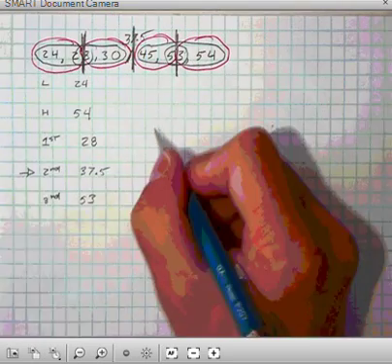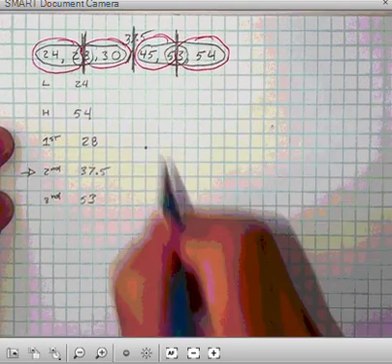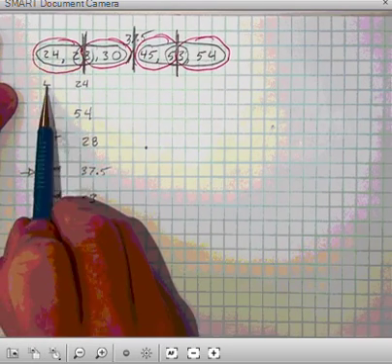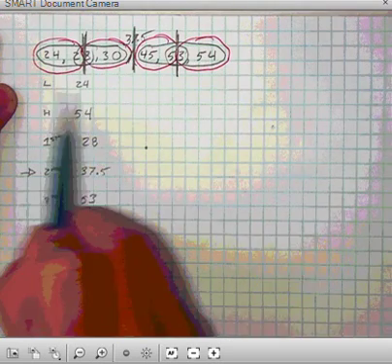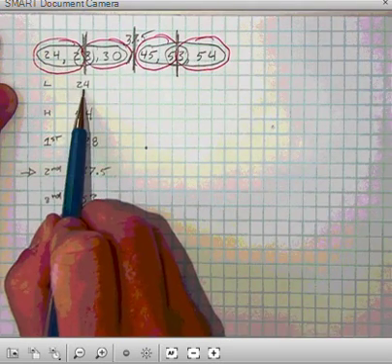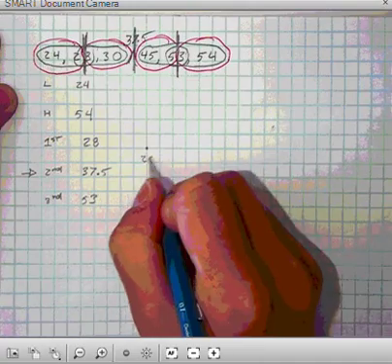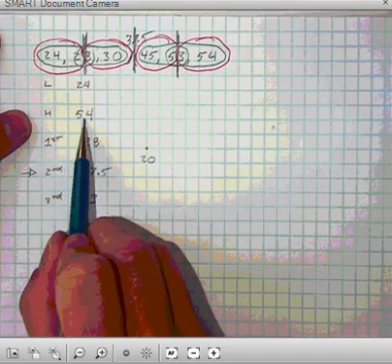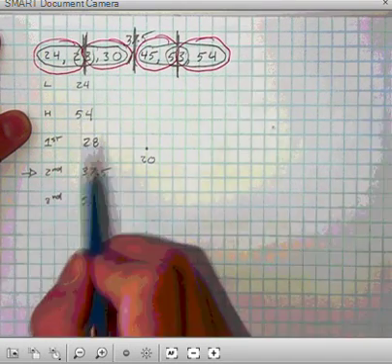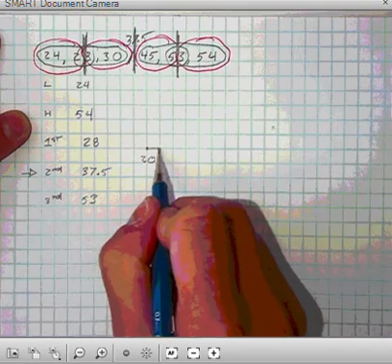Now we graph it. I'm going to draw a line, and the lowest value we graph has to be 24, so I'm going to start my graph with a 20. The highest I have to go is 54, so I might go up to maybe 60.